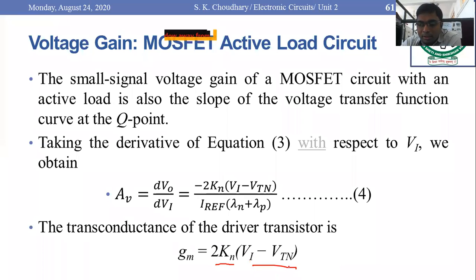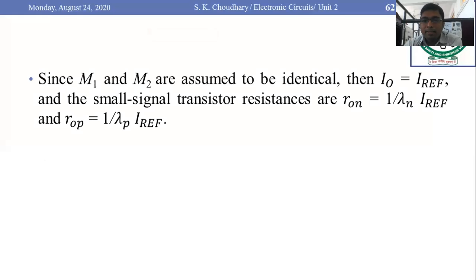We can substitute this transconductance term in equation number 4. So your voltage gain equation becomes minus Gm upon I reference into lambda n plus lambda p. Since M1 and M2 are assumed to be identical, I naught is equal to I reference as per the current mirror phenomena.